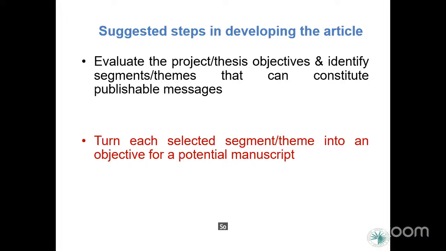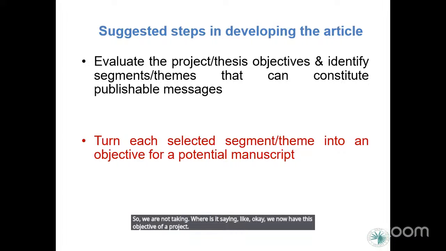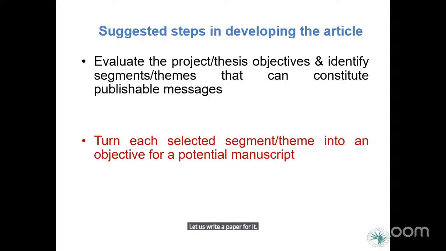So we are not saying, okay, we now have this objective of a project, let us write a paper for it. That will be a passive document, and nobody wants it.